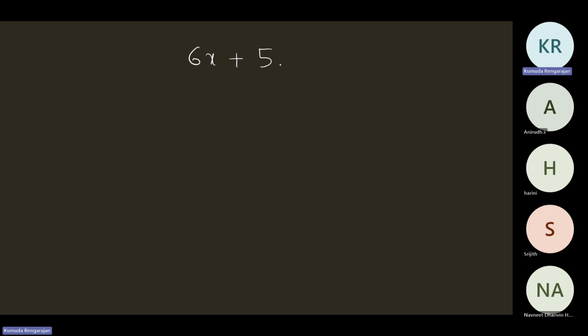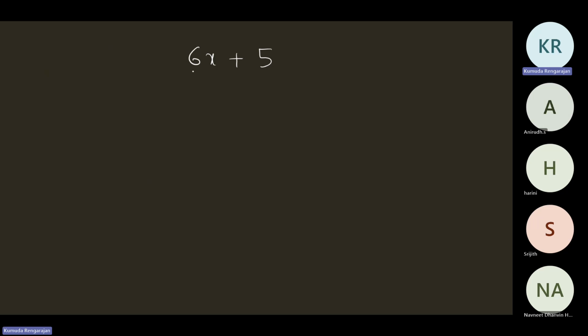Now you have to write the standard form. This is a specific example, but you have to give a generalized version. You'll have to give a general expression. 6x plus 5 is a specific example. But when we say standard form, you have to write a generalized one.